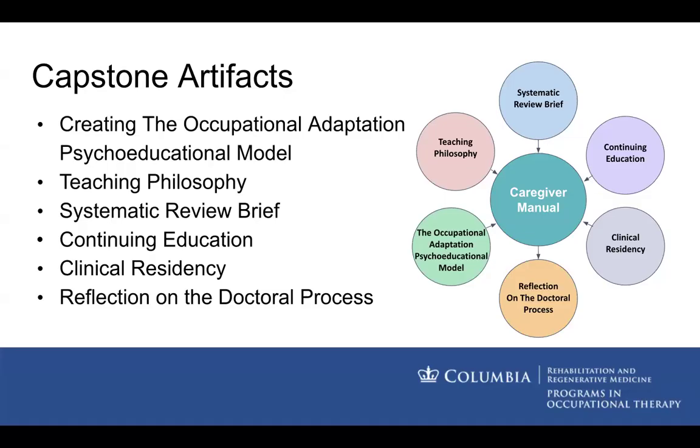And my clinical residency took place at a pediatric clinic where I gained valuable experience communicating with caregivers, offering recommendations and insights, and seeing how those strategies in the clinic carried over into the home and if they were effective.